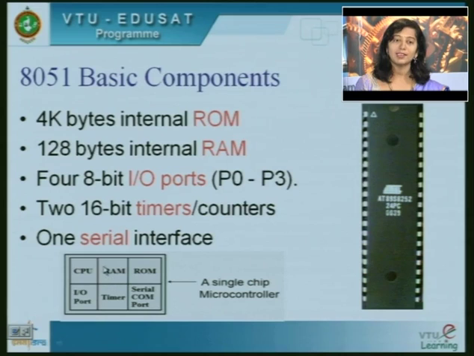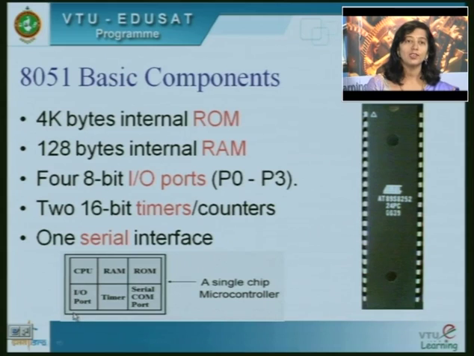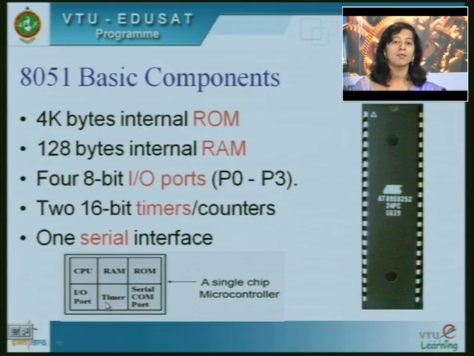Random access memory for temporary data storage, read-only memory to store the instructions or programs, then the input-output ports where we can give some input and take the output response, timer or delay circuits, counters to have a delayed response or to wait for some time, then serial communication through the COM ports.